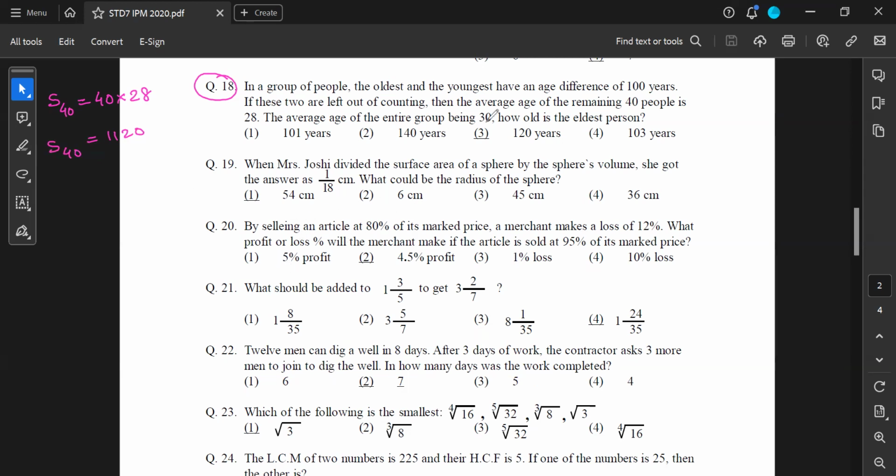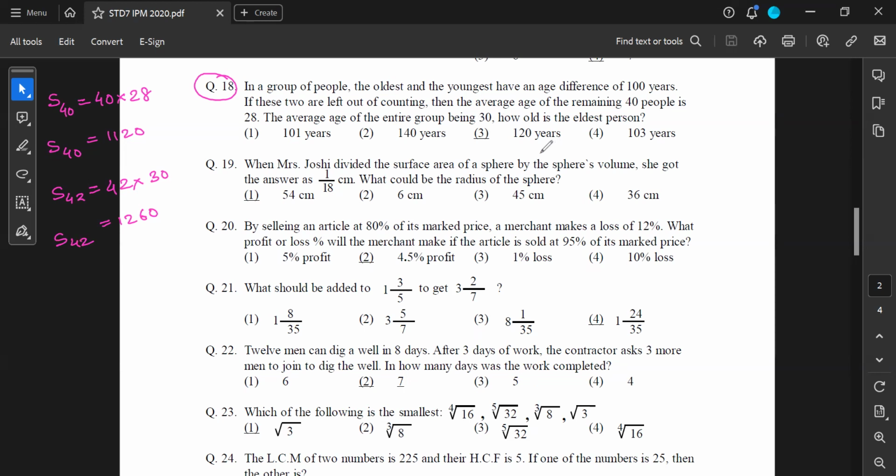Now, here again, the average age of the entire group, that is the sum of 42 people. Sum of 42 people will be 42 multiplied by the average age, which is basically 30. So 4 threes are 12, 126, 1260. That is the sum of 42 people.